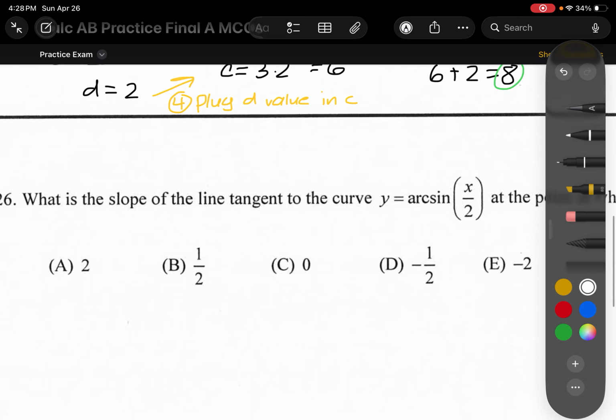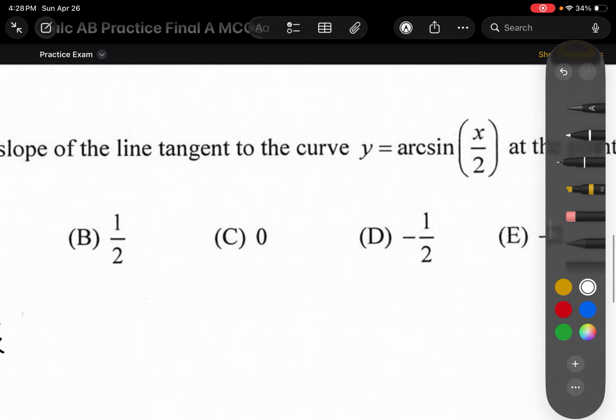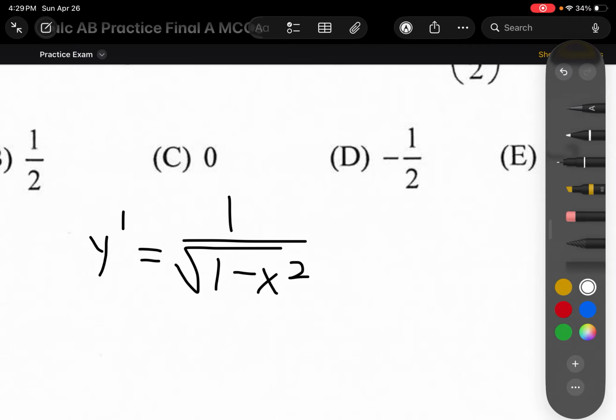So our first step is to derive. y prime of arcsine, not sine inverse, is going to be 1 over root 1 minus x squared. And now we're trying to evaluate that at x over 2, so we're going to replace that x with x halves.